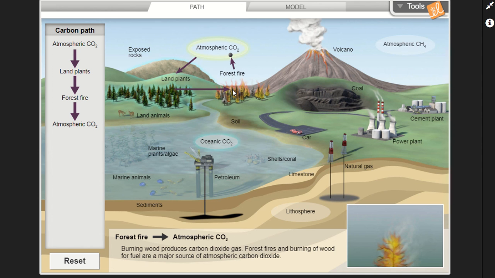The forest fire was set by people. Again, the forest fire was set by people. And we are going to move up together to the atmosphere. How do we get the CO2 back in there? Burning released the CO2. The burning wood released the CO2 back.